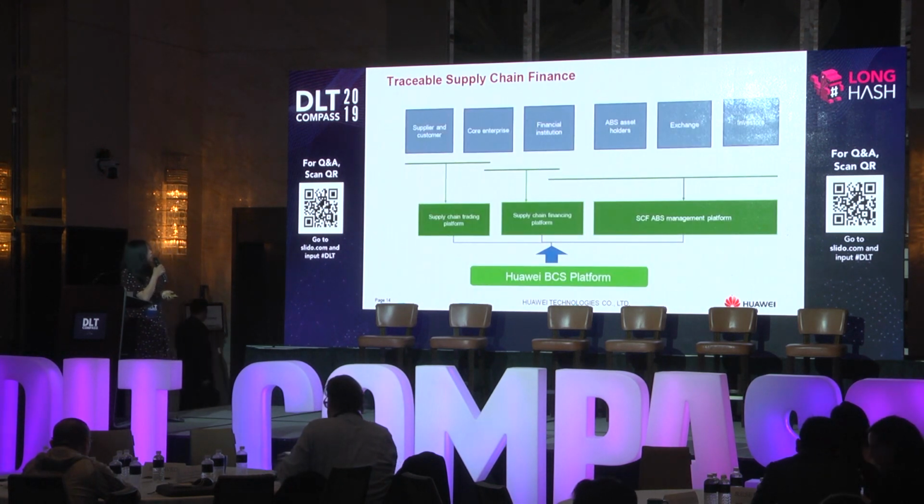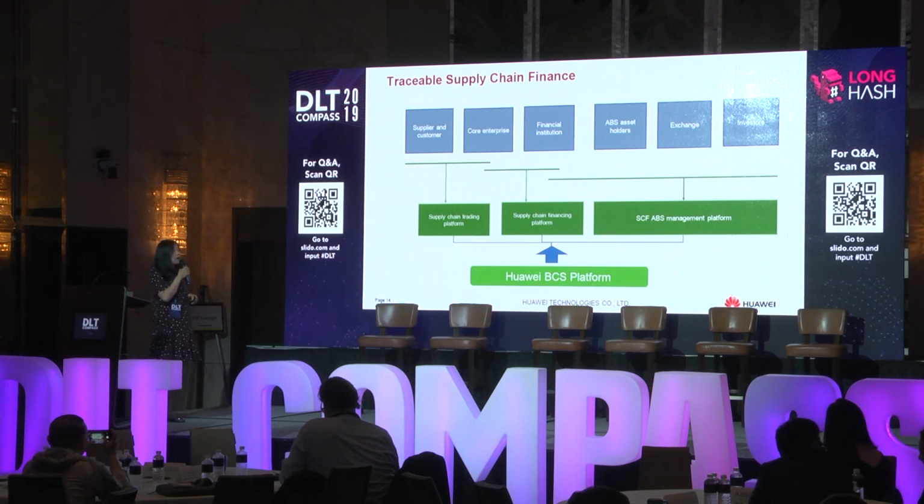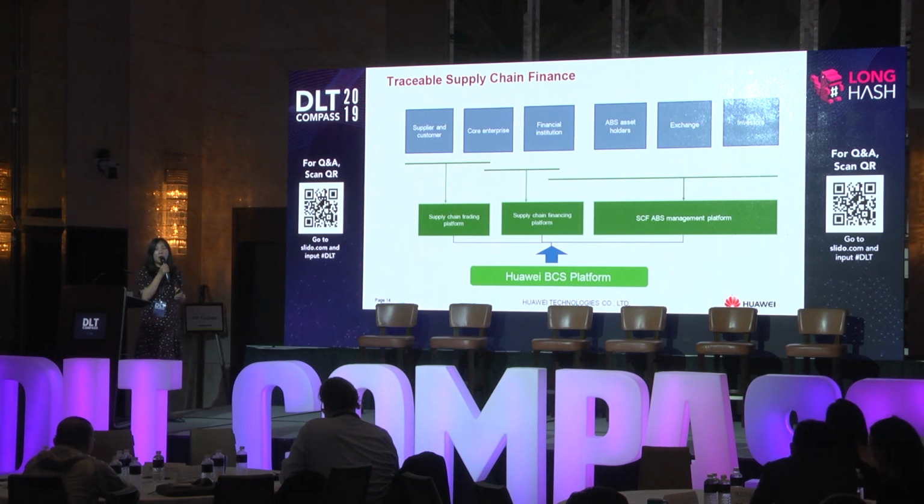Let us see how to use the blockchain service to make the supply chain finance solution traceable. Based on the Huawei blockchain platform, we create three different chains. The first one is a trading platform, involving the supplier, the customer and the core enterprise.